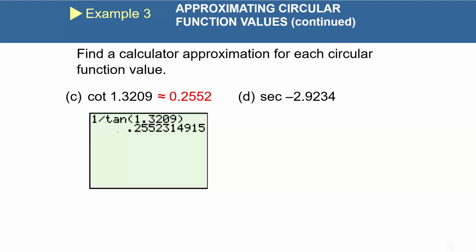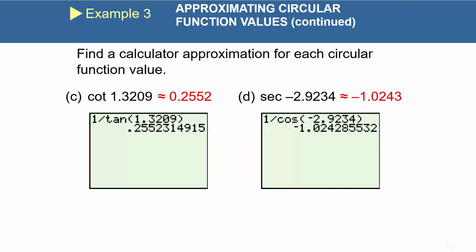Does that make sense? So for secant, I'm going to put what? 1 over cosine. So I'm going to put 1 over cosine and then put the value in. Okay. So for your cotangent, secant, and cosecant, you have to put 1 over their reciprocal.